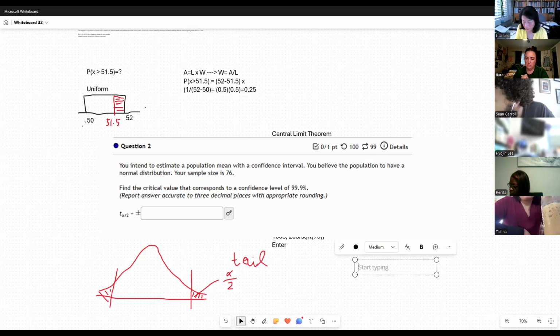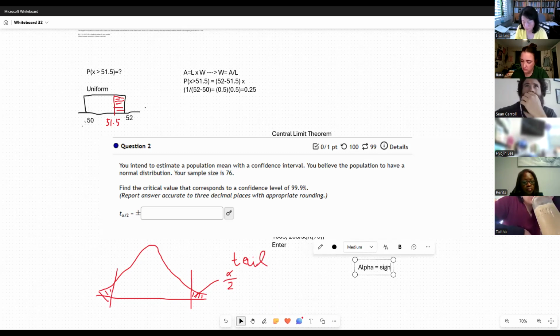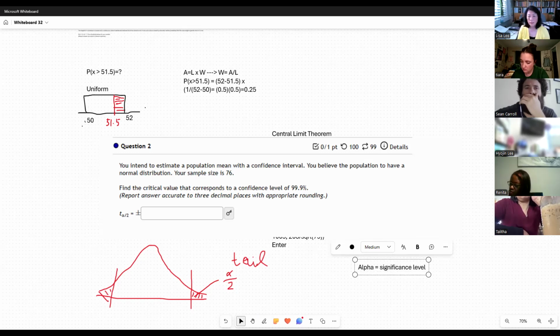And this alpha is coming from Greek again. So alpha represents significance level. And what does this mean? It's the area in the tail, on the right side and left side, because they reflect the probability, the chance, of the score being very high or very low, right?